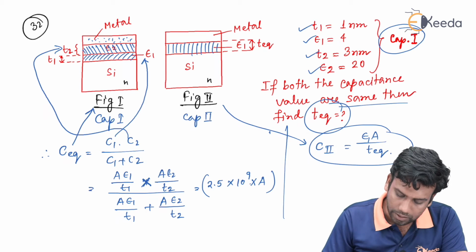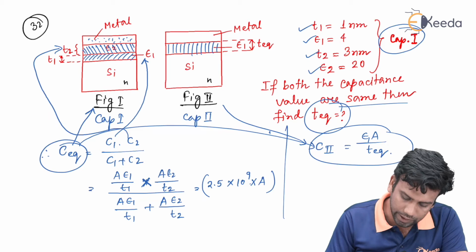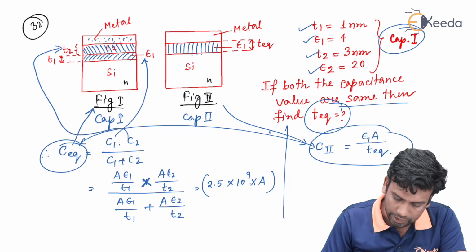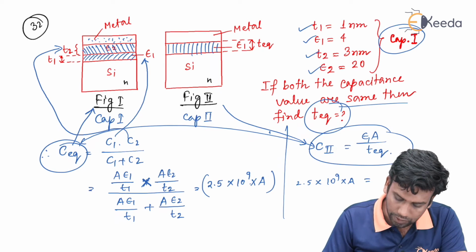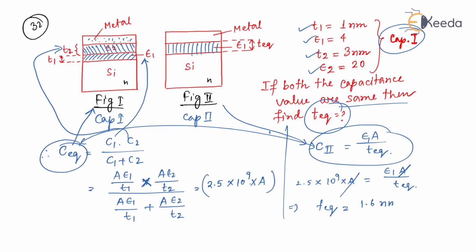Now these two capacitance values will be the same, so 2.5 into 10 to the power 9 into A equals epsilon 1 into A divided by T equivalent. A will cancel out and epsilon 1 is 4, so we can find T equivalent, and it will be 1.6 nanometer.